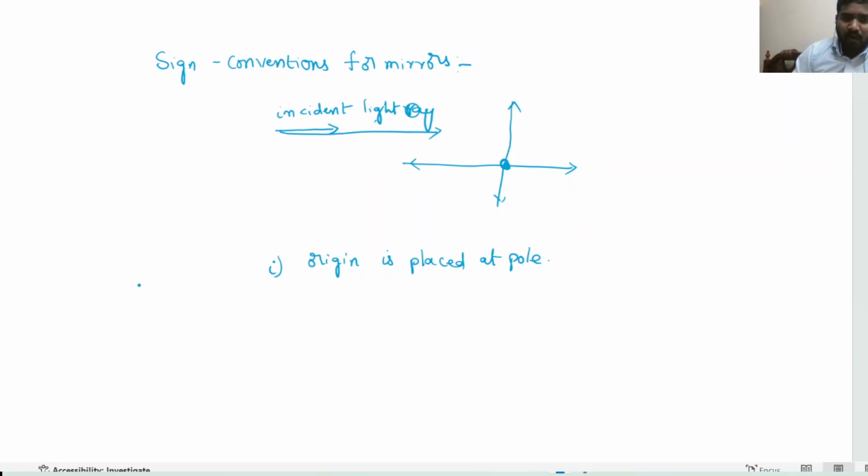Next, the second rule: all distances are measured from the pole.